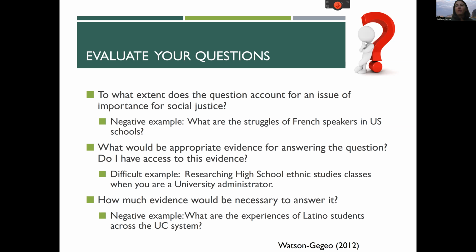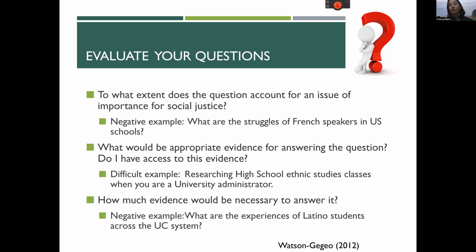And finally, how much evidence would be necessary to answer the particular research question? And as I'm going through these, of course, look at your research questions and think about them. Maybe you're crossing some off the list, or maybe you're saying, oh, I'm going to tweak a few things. So the negative example for this one is, what are the experiences of Latino students across the UC system?